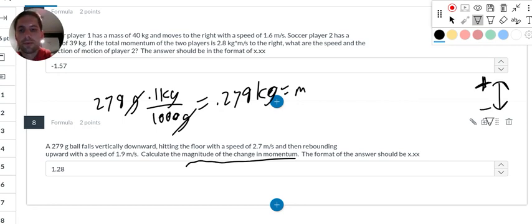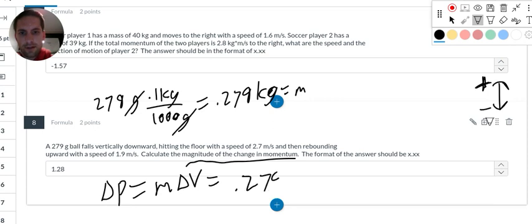Okay, so for this, if I'm hitting the floor with this speed, I want delta P equals M times delta V. I'm going to do 0.279. If down is negative, V final minus V initial.